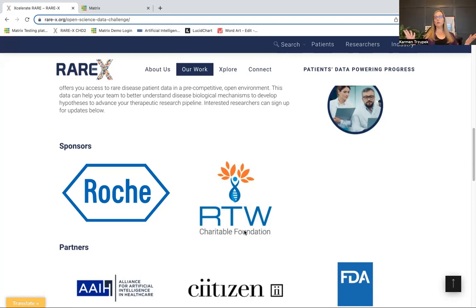So out of the Open Science Data Challenge, the 3 most compelling research ideas that can meaningfully be expected to advance therapeutic research will all qualify for a research grant of somewhere between $50,000 and $150,000 each.